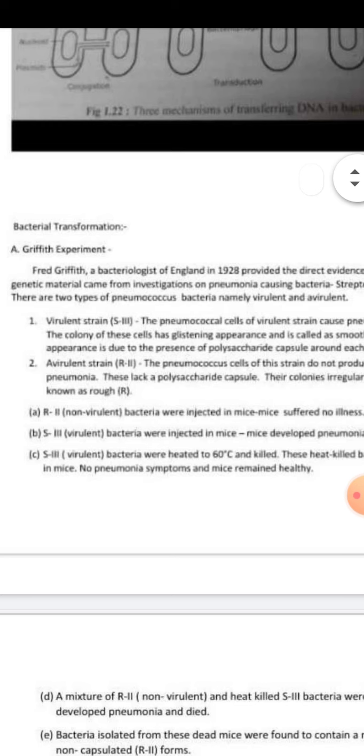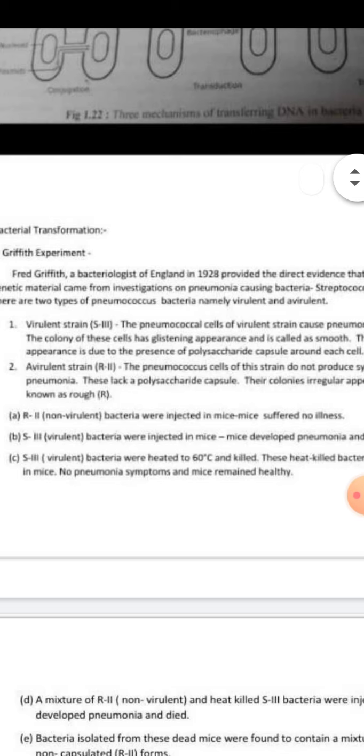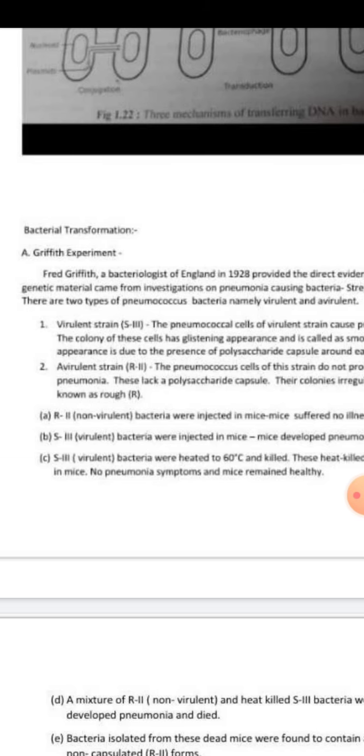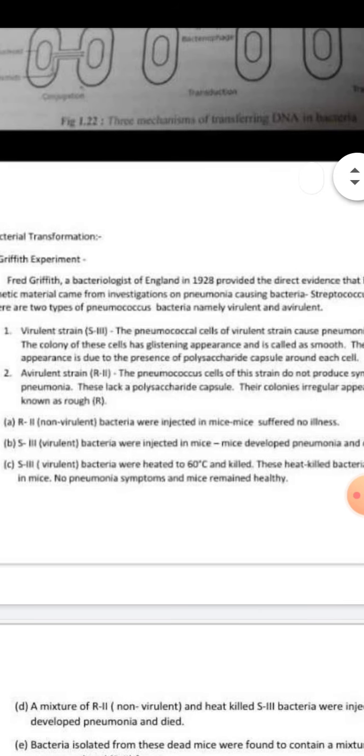So the non-virulent bacteria showed no illness in mice, as they were the avirulent type of strain, whereas the virulent strain caused pneumonia.